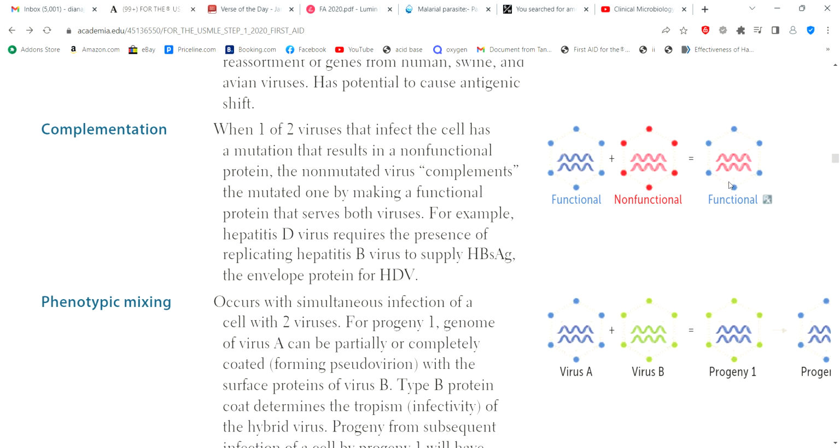HBsAg and hepatitis D, when given together, can infect the cells. This is how hepatitis D becomes functional. So hepatitis D works through complementation. Hepatitis D infects the body through complementation.